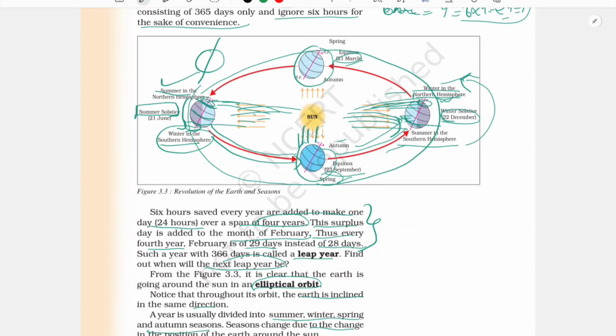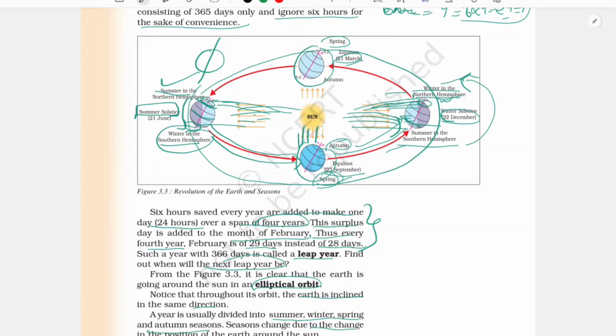So they experience equal days and equal nights here. And one thing you have to remember: when there is autumn in the northern hemisphere, there will be spring in the southern hemisphere. When there is spring in the northern hemisphere, there will be autumn in the southern hemisphere. The seasons will always be reversed.